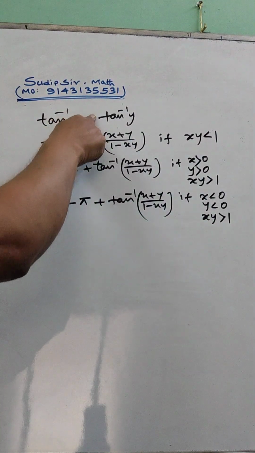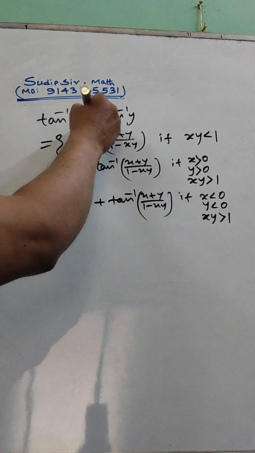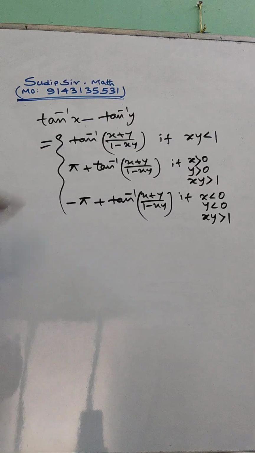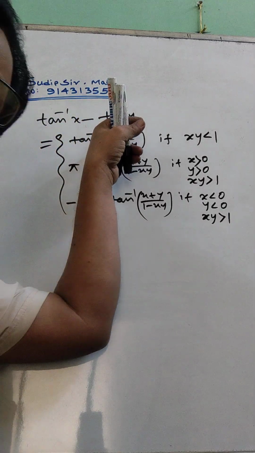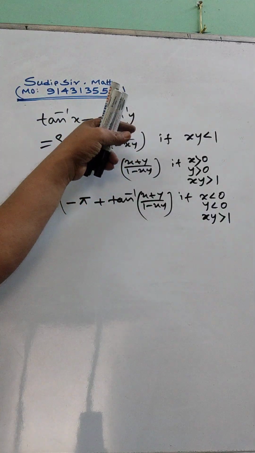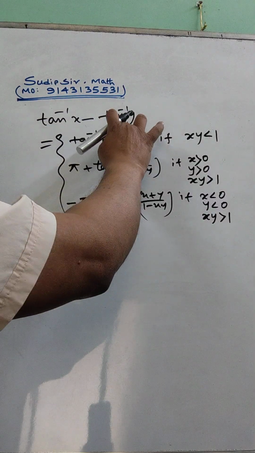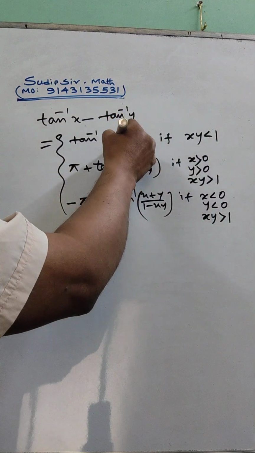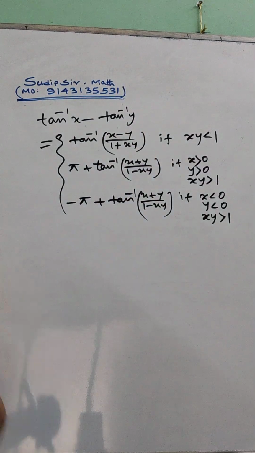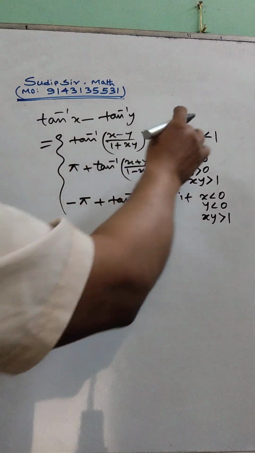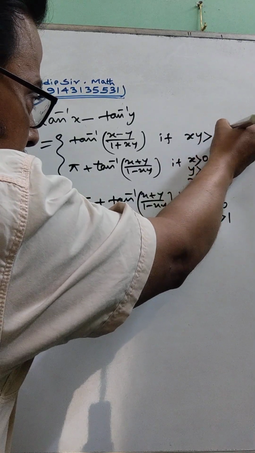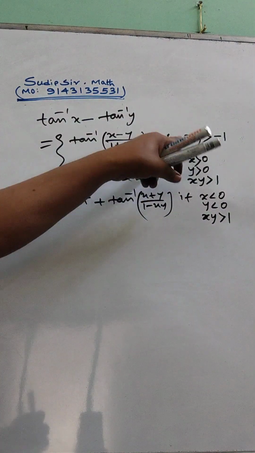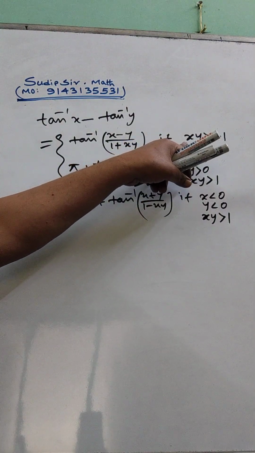Similarly, tan inverse x minus tan inverse y will be tan inverse of (x minus y) by (1 plus xy), if xy is greater than minus 1.